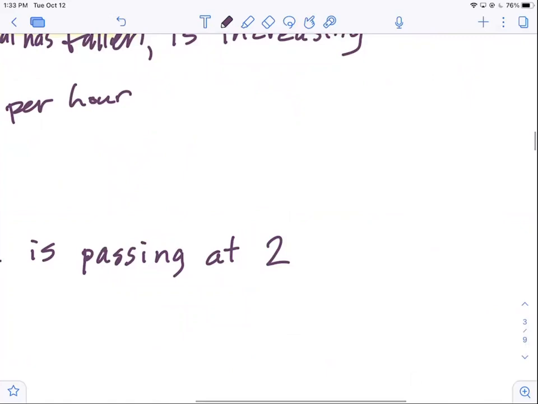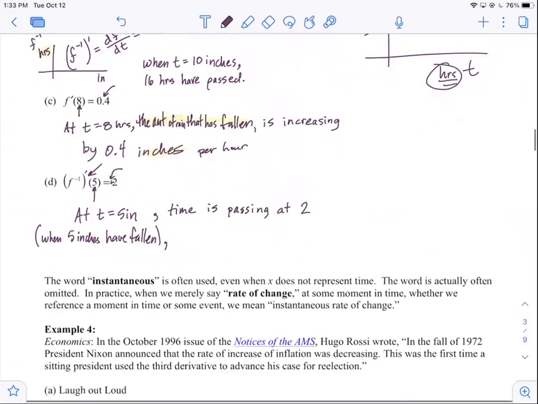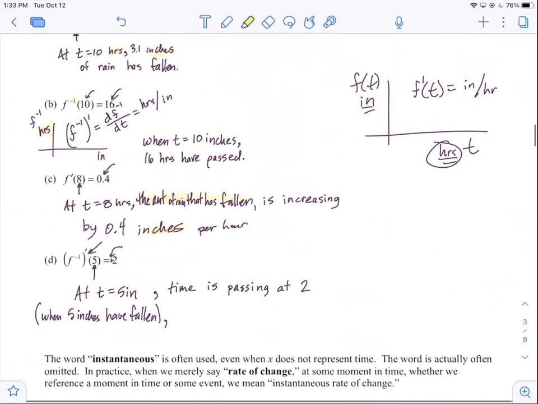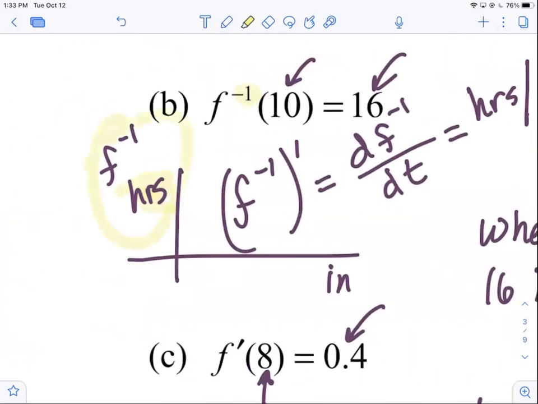No, see, now you're doing what I did last time. We're talking about F inverse. So it's hours at 2 hours per inch. There we go. Right? You always go back to this right here. That's what's changing. And you spell out hours per inch.